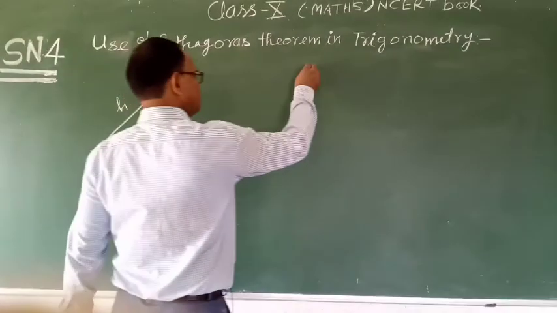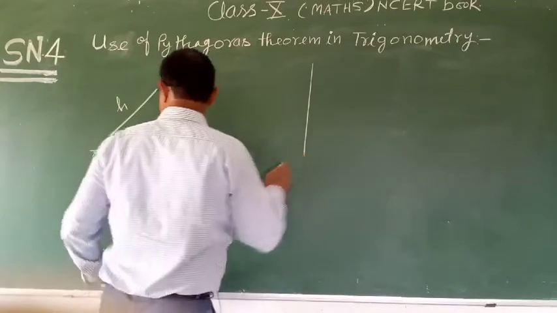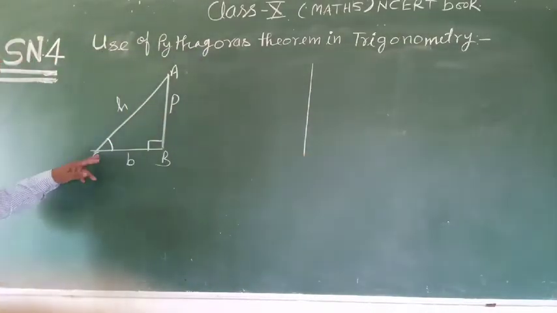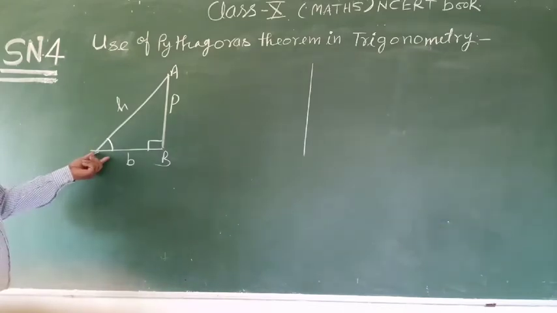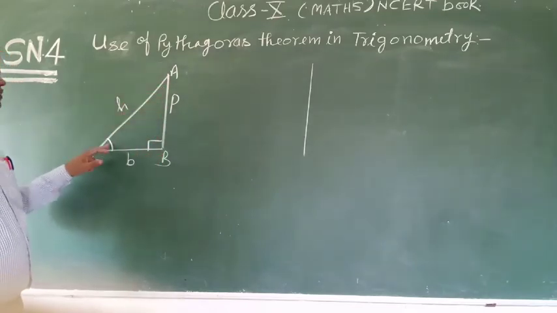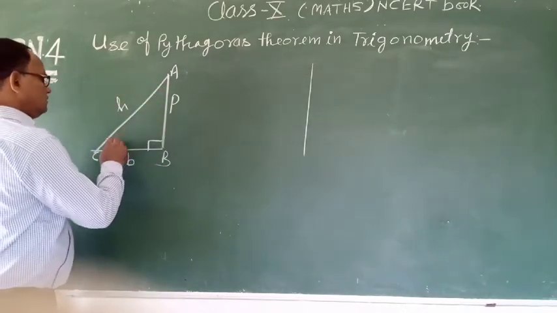Here, if you take angle C, then the perpendicular line will be AB, in front of this angle.